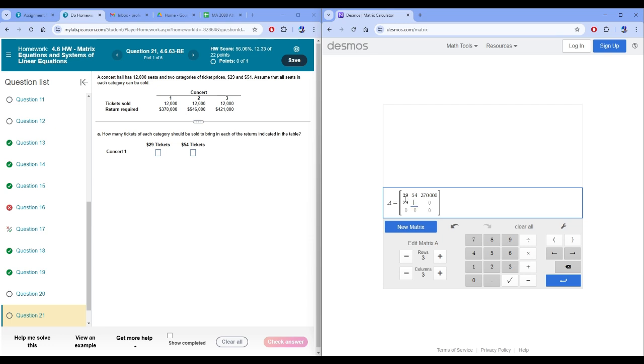Second concert had 29, second one had 54, and then this one was 546,000.